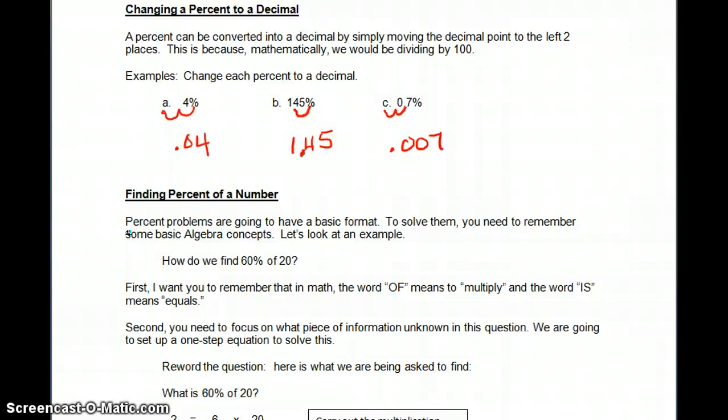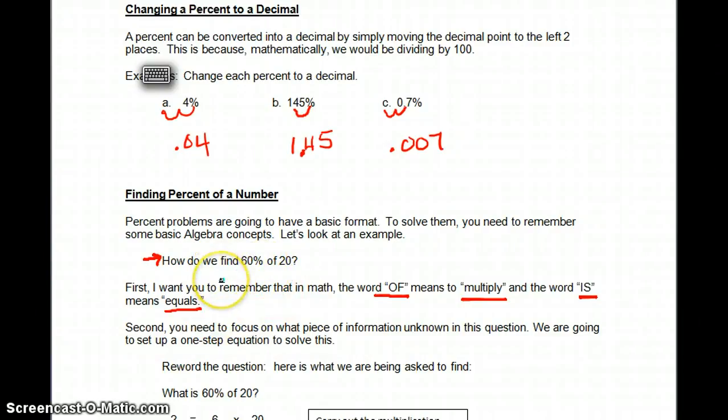Now let's look at an example. How do we find 60% of 20? First, I want you to remember that in math, the word of means to multiply, and the word is means equals. Okay?